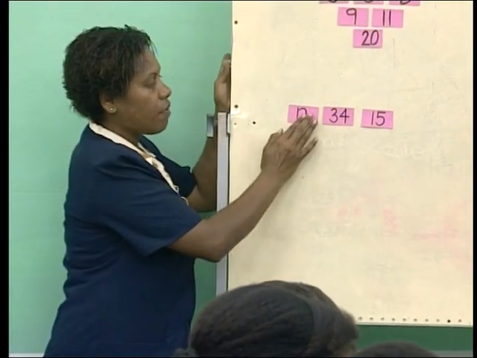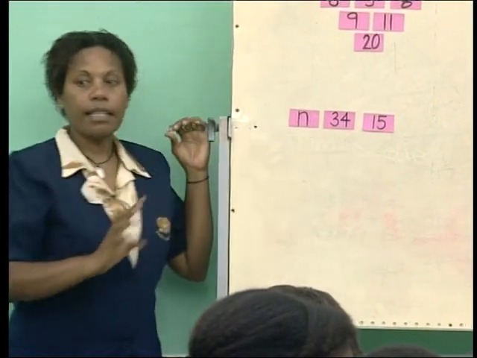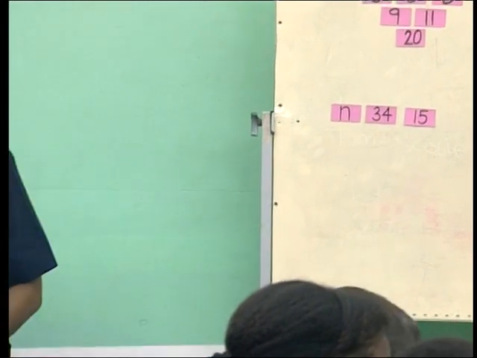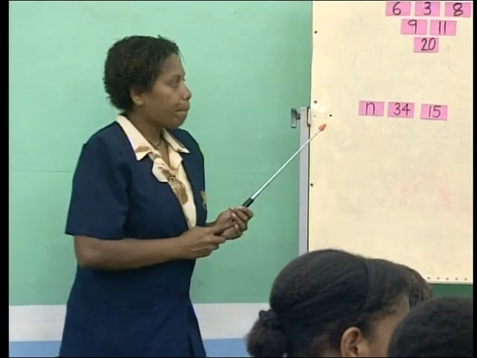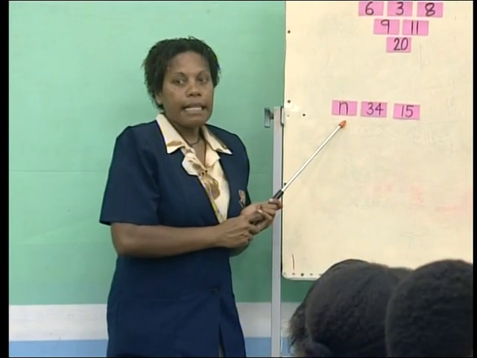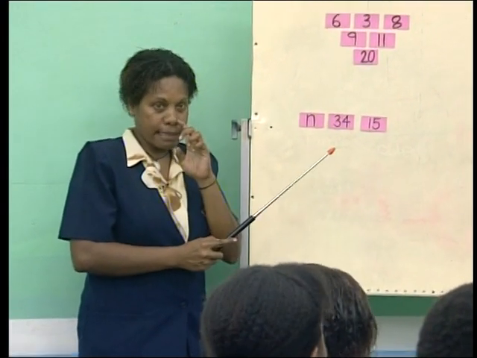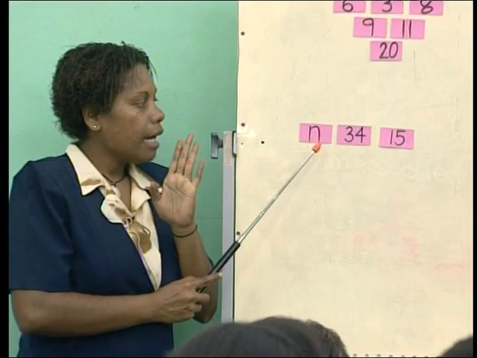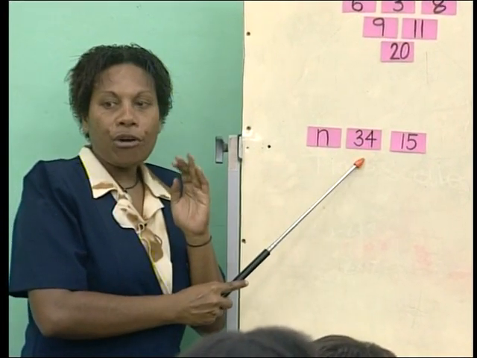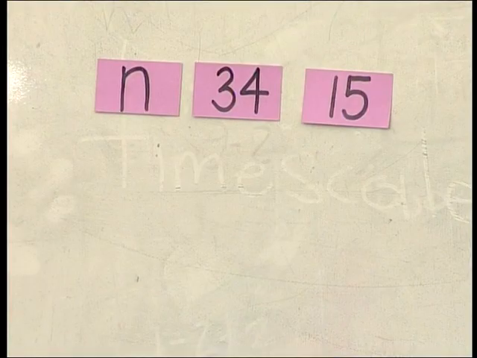Okay, 7Es and receiving students, I have this different learning activity here. The first line, or we can say tier, T-I-E-R, 34 and 15.